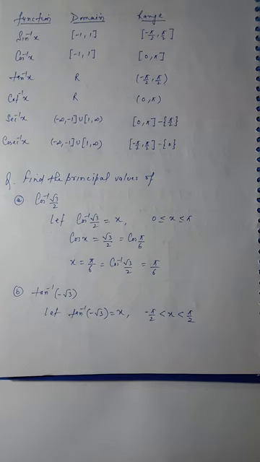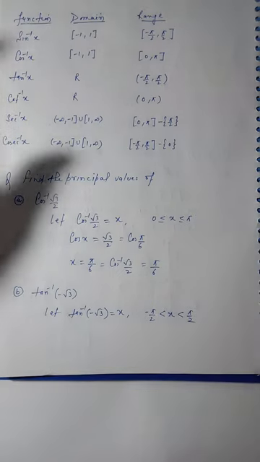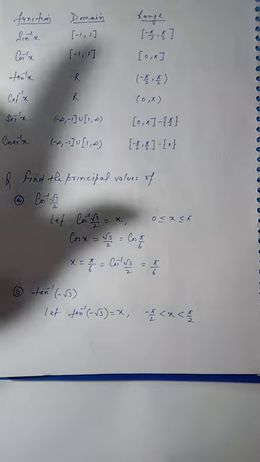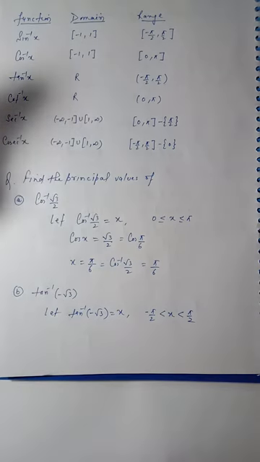These inverse functions are sine inverse x, cos inverse x, tan inverse x, cot inverse x, sec inverse x and cosec inverse x. You must remember their domain and range, because these points are really very important when we will solve different types of questions.